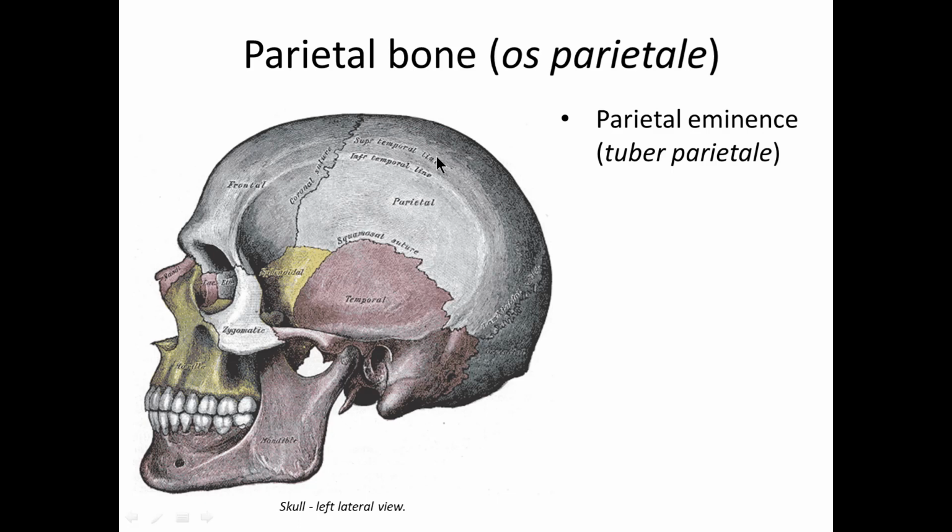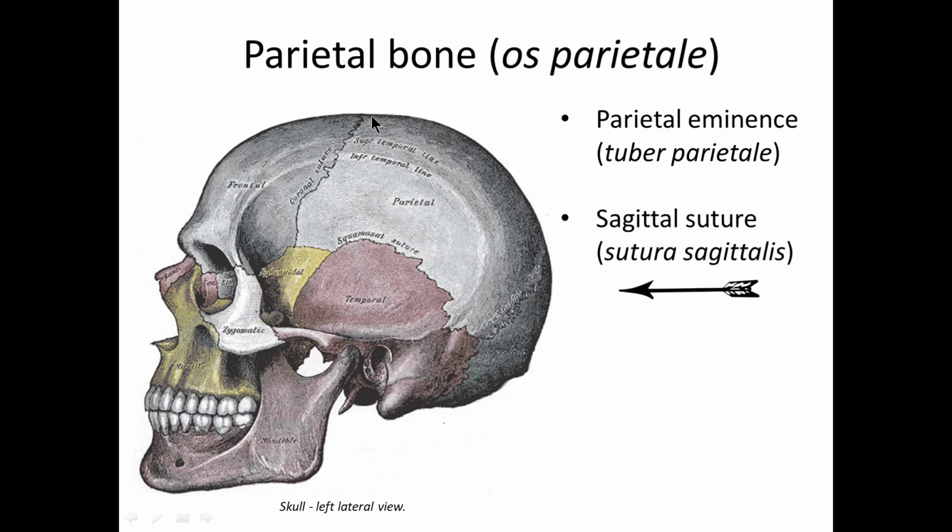We already talked about its articulation with the frontal bone and the formation of coronal suture. At the medial border, parietal bone articulates with its sister bone, forming the sagittal suture. The entire sagittal plane runs through this articulation. Many different cross-sections are shown in the sagittal plane.